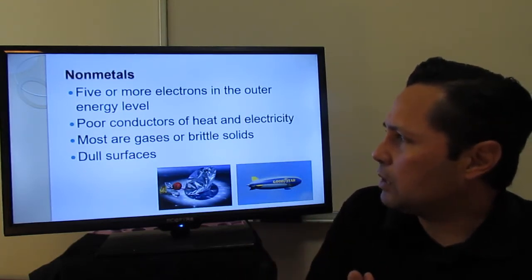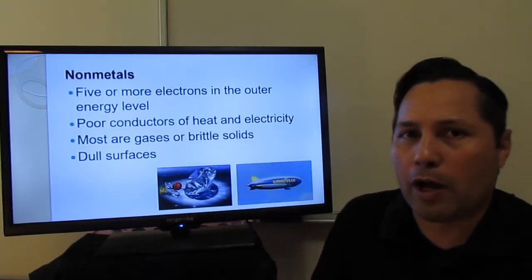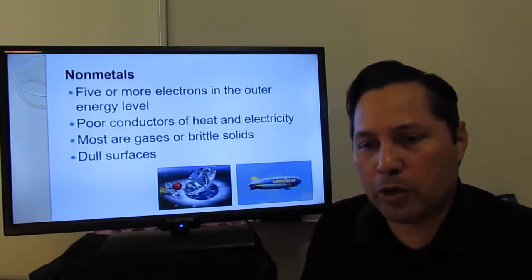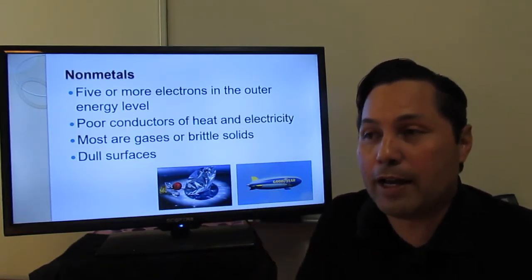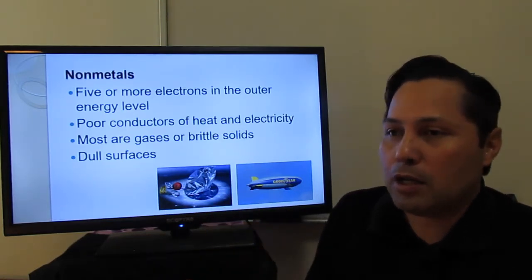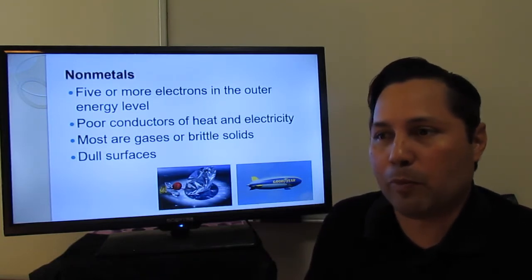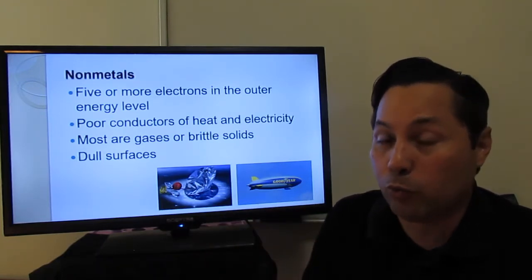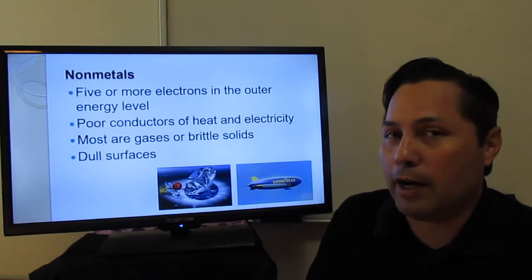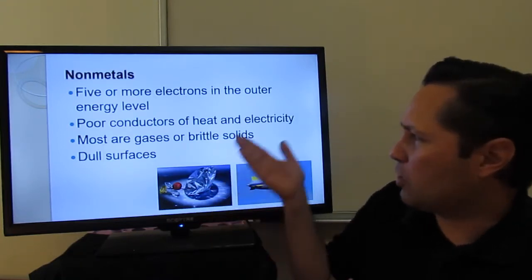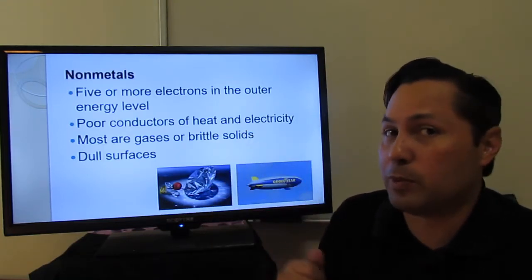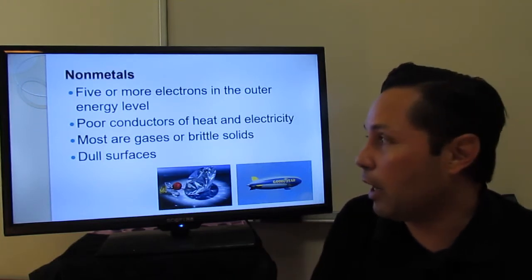Alright, they're poor conductors of heat as well. If you've ever been cooking with a metal spoon, you'll know that it gets hot pretty quick, and usually people use either some type of plastic spoon or a wooden spoon for cooking. So they're poor conductors of heat, so therefore the handle will not get hot.